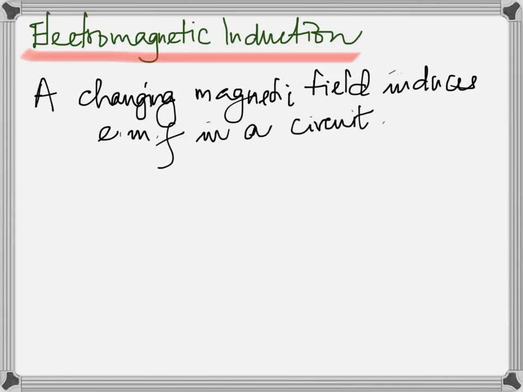And I want to tell you that this word changing is so important there. Because if you take a strong magnet, maybe the world's most powerful magnet, and keep it right there at the center of that loop, what's the induced EMF? Let's say this is the strongest magnet that you can find, and you take it and keep it at the center of a loop.